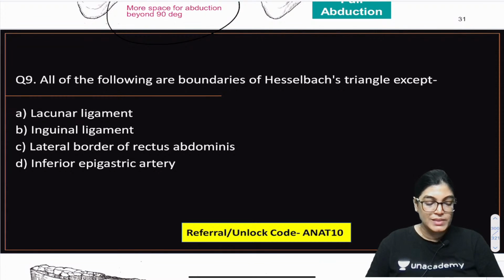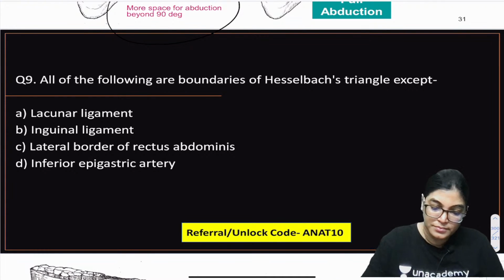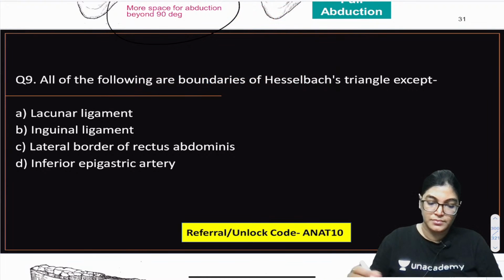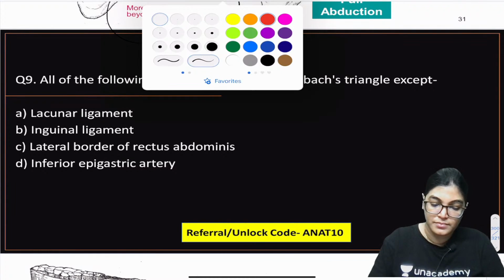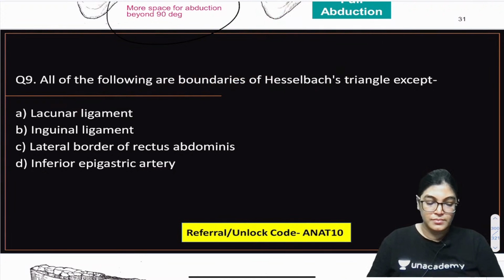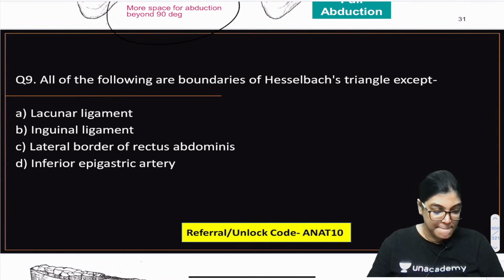According to you, which is the correct answer? Question number 9, try your luck.